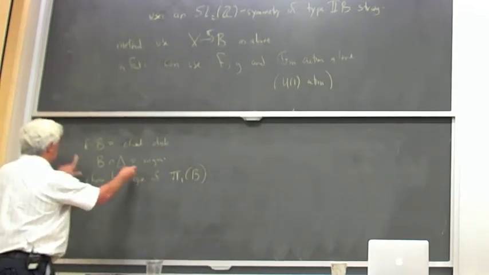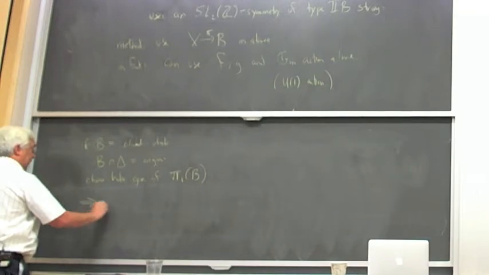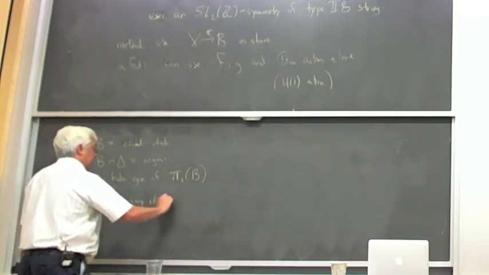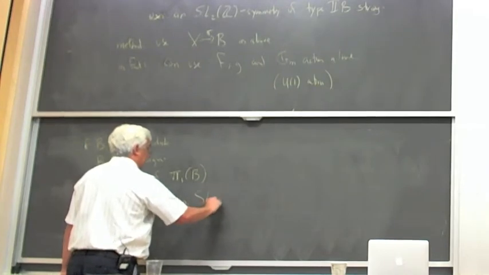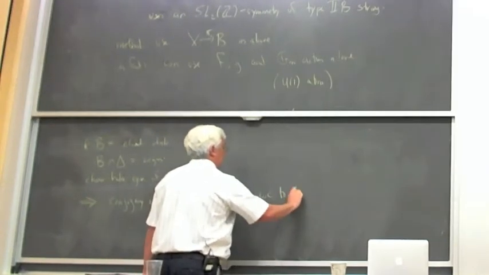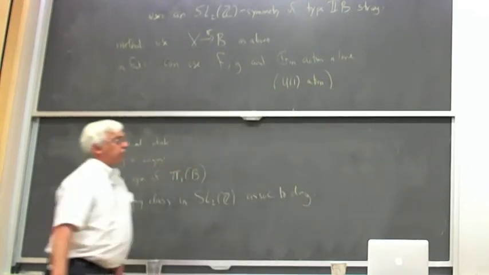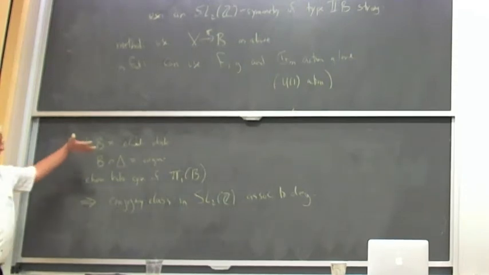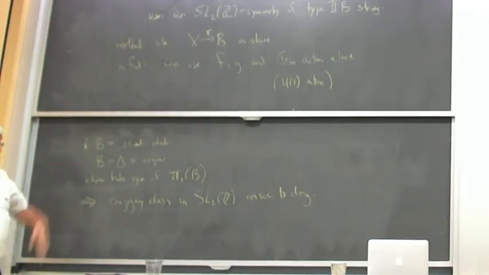Then I end up with a conjugacy class in SL2Z associated to the generation. And there's a restriction on those conjugacy classes because I've got a degenerating family of Hodge structures.